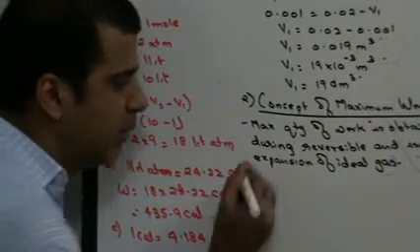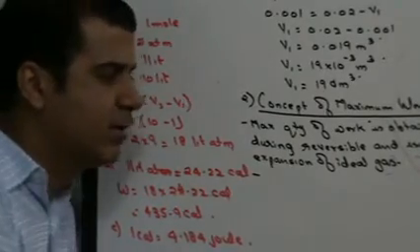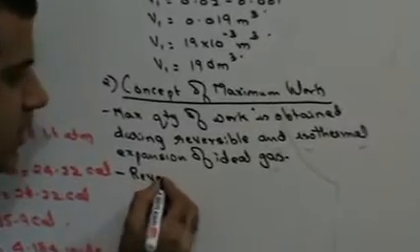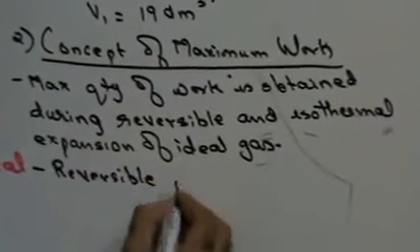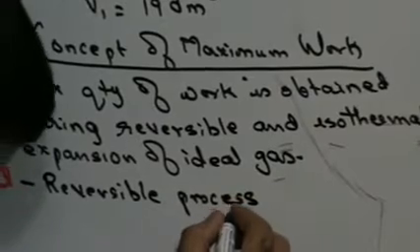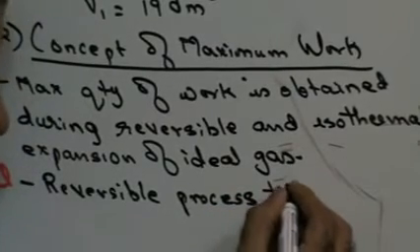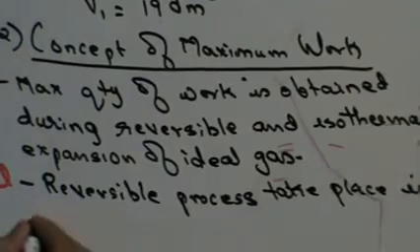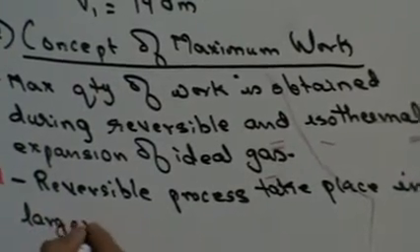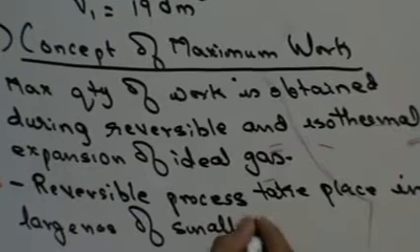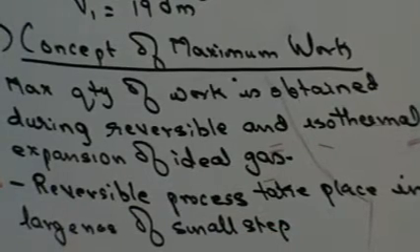So why is the maximum amount of work obtained in a reversible and isothermal process? Because a reversible process takes place in a large number of small steps.